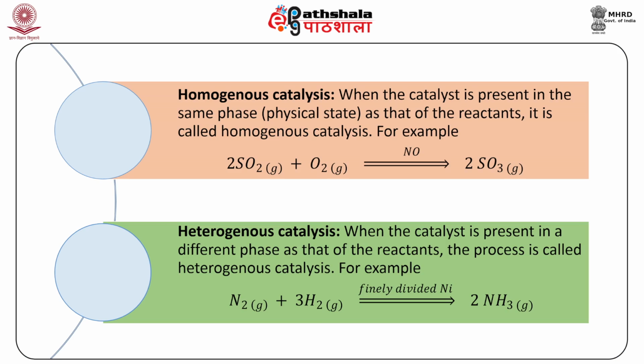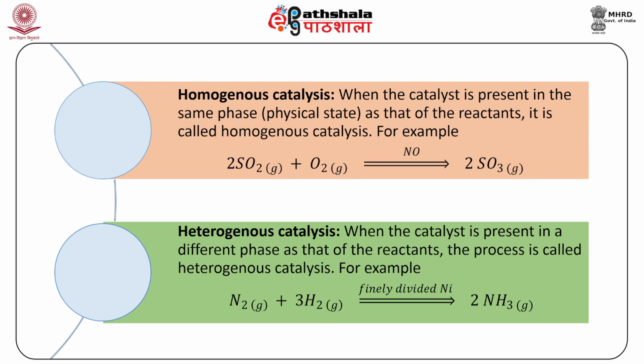In general, the process of catalysis can be classified as follows. A. Homogeneous catalysis. When the catalyst is present in the same physical state as that of the reactants, it is termed as homogeneous catalysis. For example, sulfur dioxide plus oxygen in the presence of nitric oxide gives sulfur trioxide. B. Heterogeneous catalysis. When the catalyst is present in a different phase from that of the reactants, the process is called heterogeneous catalysis.